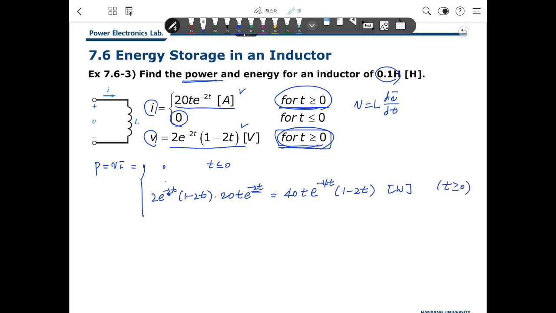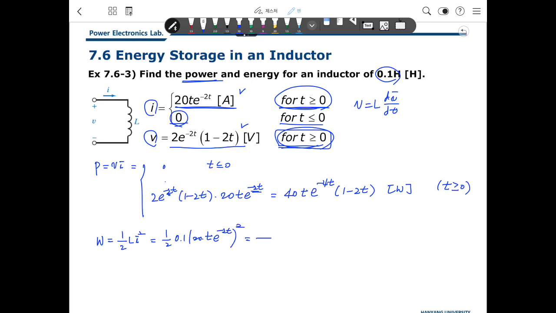For t larger than 0, what is the energy here? Because the current is 0 before t is 0, the energy before 0 is 0. So we need to think about this content over here. There will be 1/2 L i squared. Then what's L? 0.1, and current is 20t squared.